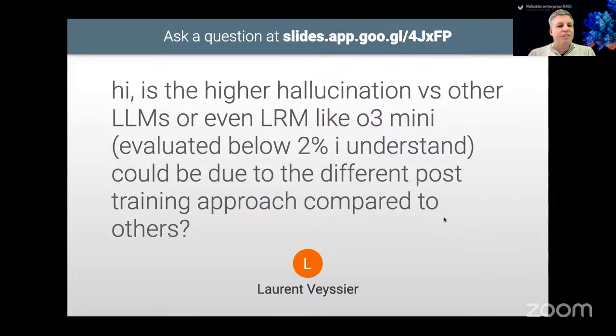Is the high hallucination rate versus other LLMs or even LRMs like O3 Mini due to a different post-training approach compared to others? So you're asking me, did OpenAI train differently when they trained the reasoning steps? We don't know how OpenAI trained. We do know how DeepSeek R1 was trained, given the paper they published.